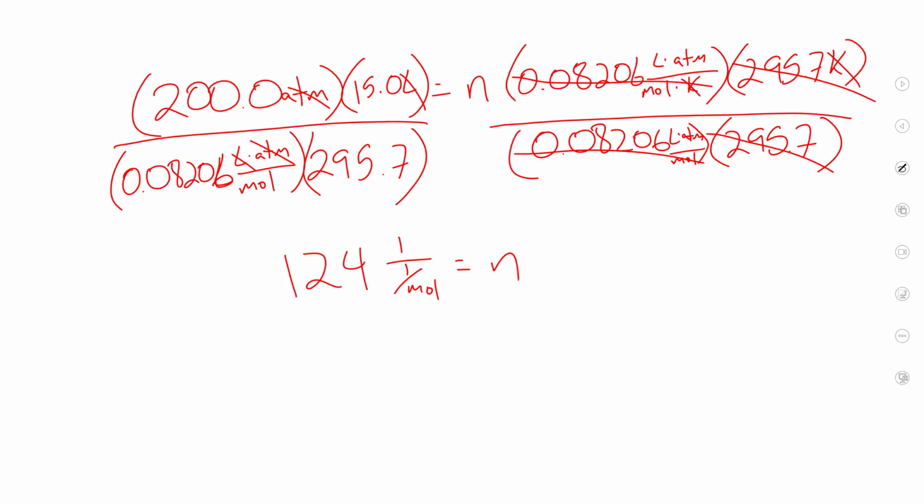Reminder, anytime you get units that look like this, when you divide by a fraction, that's the same as multiplying by the reciprocal, right? So if I said 1 over 1 divided by 1 over moles, when we multiply our fractions, we flip the second number and this turns into multiplication, right?